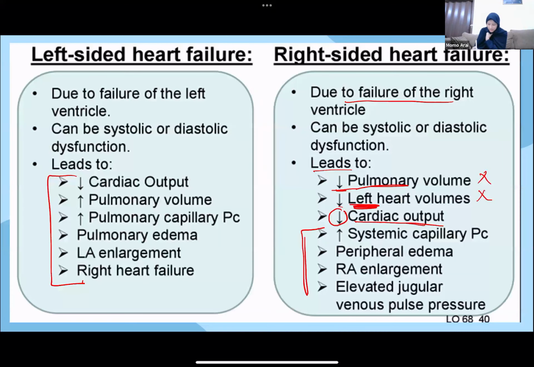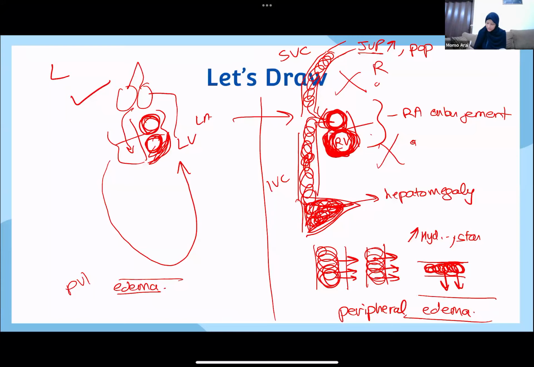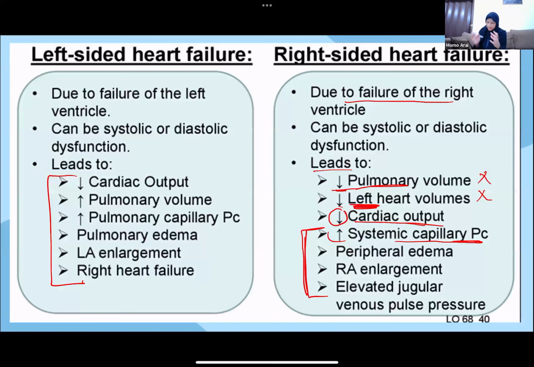Now, systemic side, because the right ventricle is closer to the systemic side, it goes to the legs, liver, and all. So we have an increase in systemic capillary hydrostatic pressure, like we saw here. Because of this increase in hydrostatic pressure in systemic capillaries, which is in the legs, in the periphery, anywhere, that means you have peripheral edema.